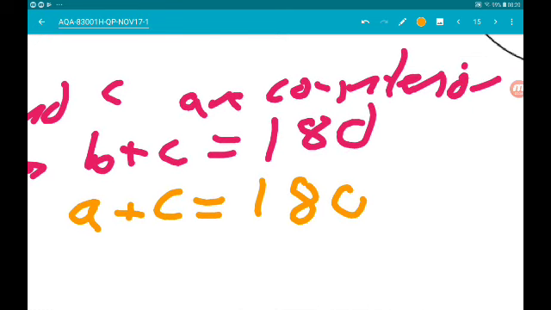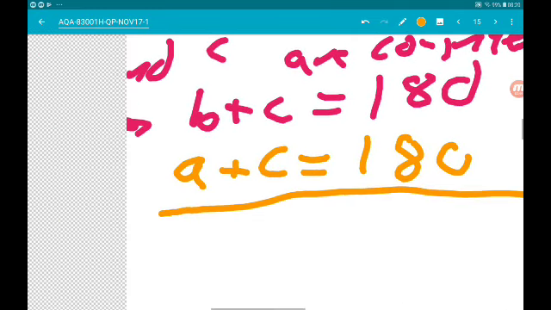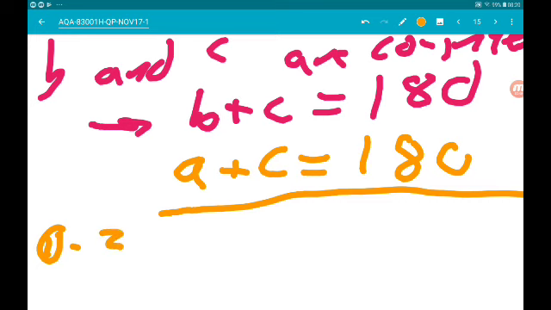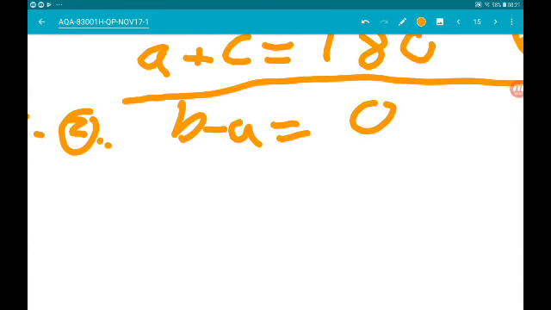If we call the top equation 1 and equation 2, let's do equation 1 minus equation 2. So we're going to get B minus A, C minus C is 0, and on the right, 180 minus 180 is 0. So we can add A to both sides and get B is equal to A. Cool.